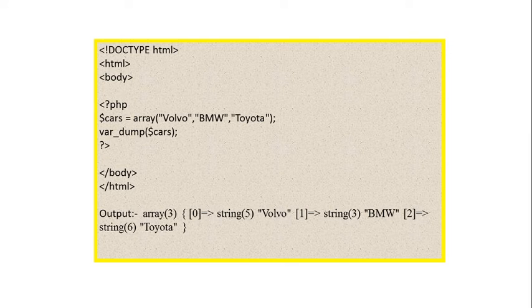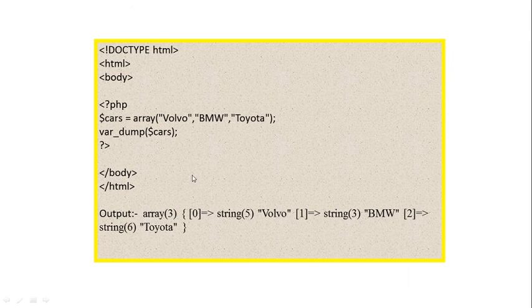The var_dump function also returns data type and value. var_dump($cars). So output shows this string in array data type. Number of strings 1 2 3, so array of 3.